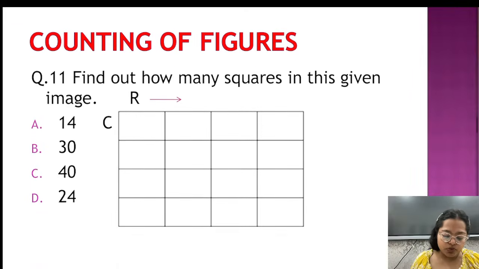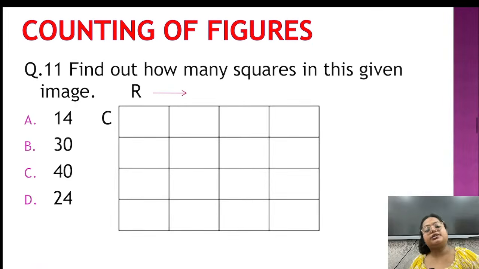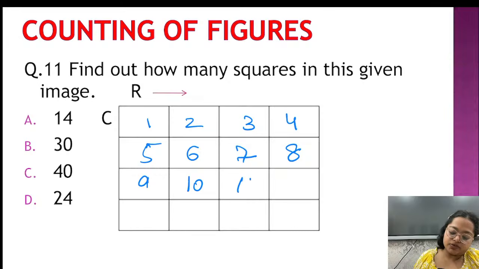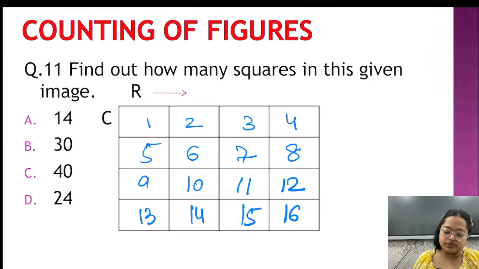Now, counting of figures. In primary classes, this would be a very favorite question: find out how many squares. When we were in our primary section, ma'am, 1, 2, 3, we were counting like this. Yes or no? I know many of us do like that. 12, 13, 14, 15, 16.